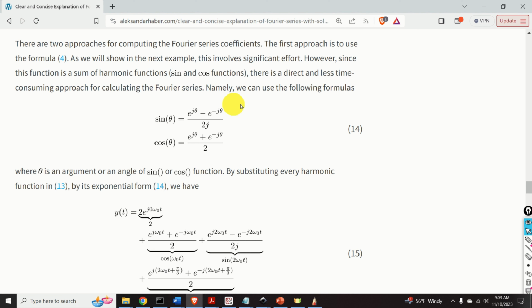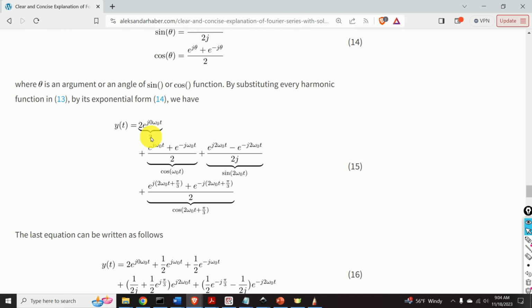Namely, from the trigonometry, we know that sine and cosine functions can be represented like this. We can use complex exponential to represent sine and cosine functions. Over here, theta is the angle expressed in radians. Now, by substituting every harmonic function in our original expression by its exponential form, we obtain, instead of 2, we can write this term.